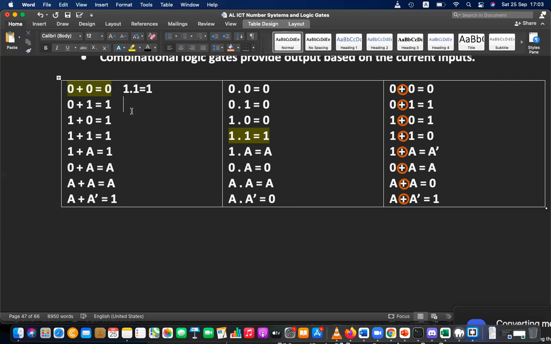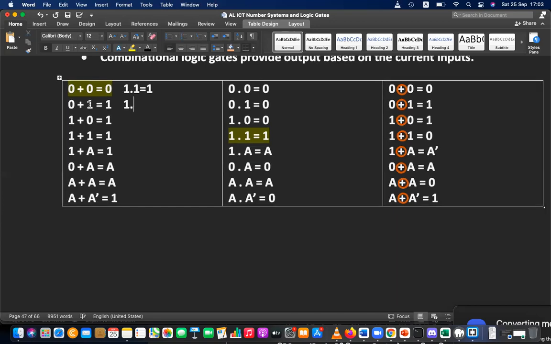Replace zeros with ones, right? 1. Then what do we put for plus? Dot. 1 and 0 equals 0. Okay, the next one.